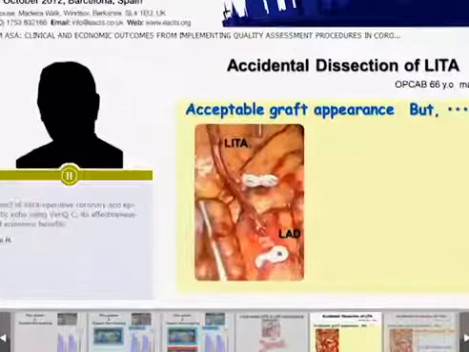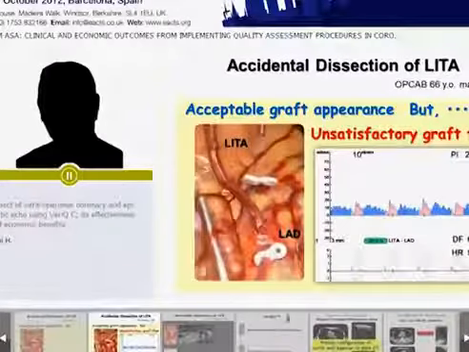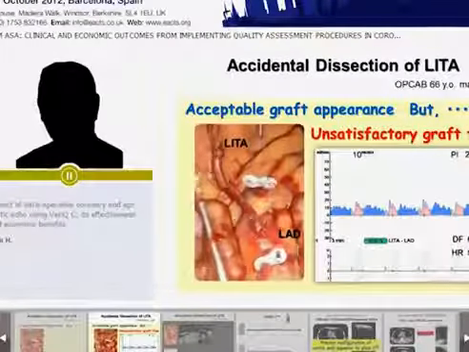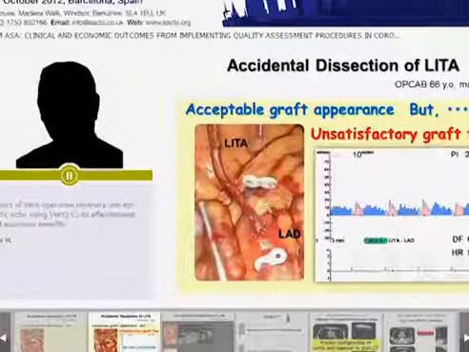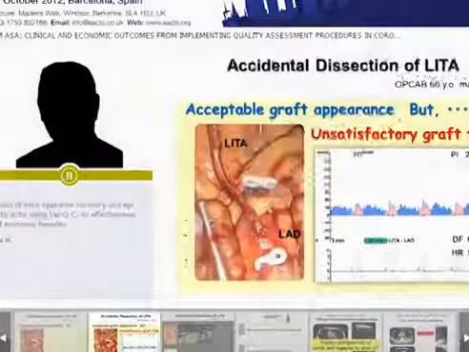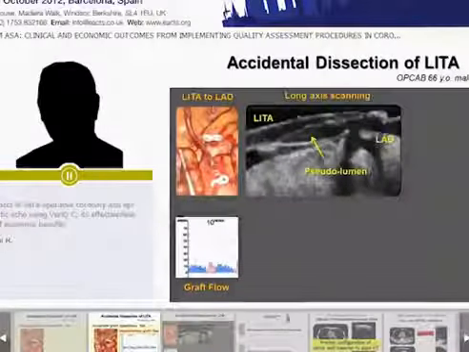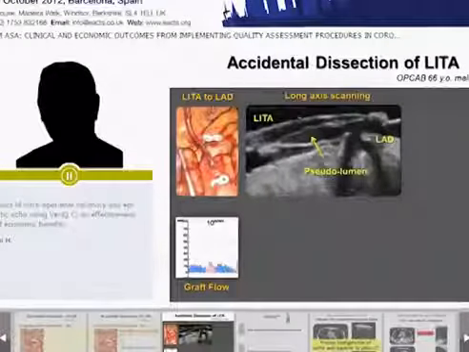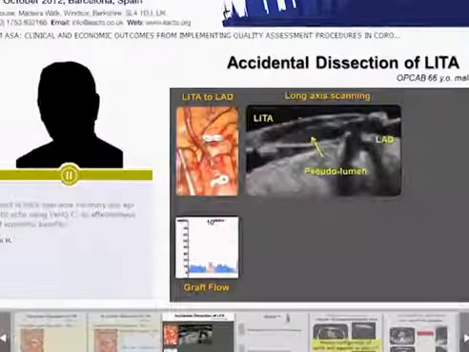Anyway, I sutured, and then the transit time flow meter showed, for me, unsatisfactory graft flow, but the PI is okay. Actually, the flow pattern is acceptable, but when I checked it, this is amazing, because there was a dissection just at the anastomotic site of the LITA.